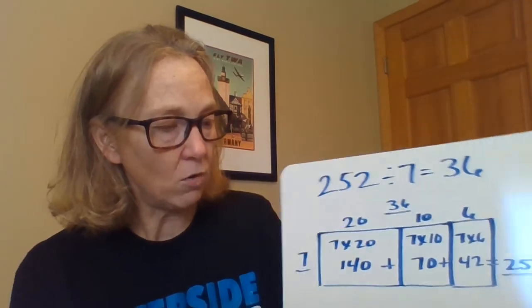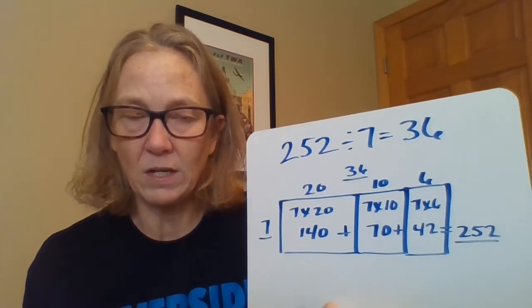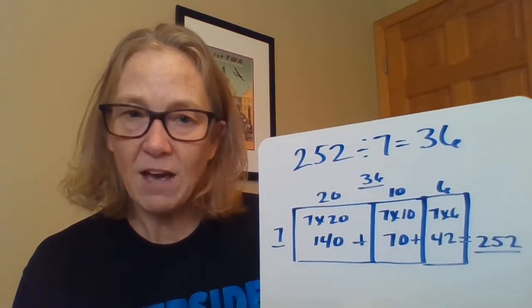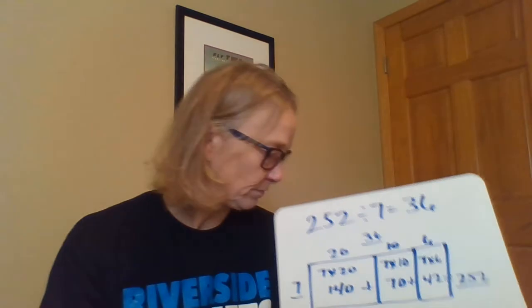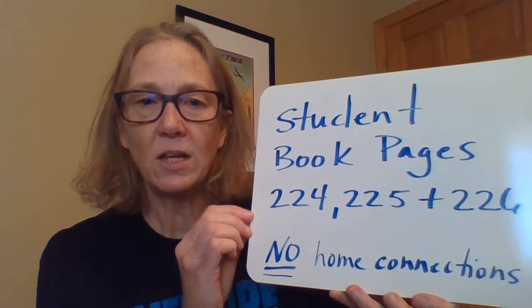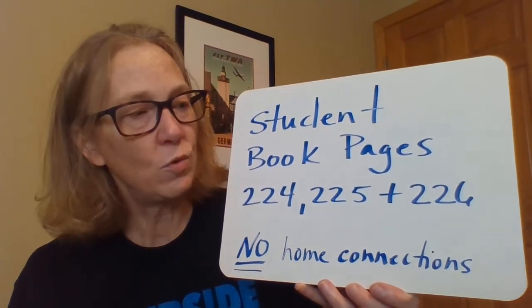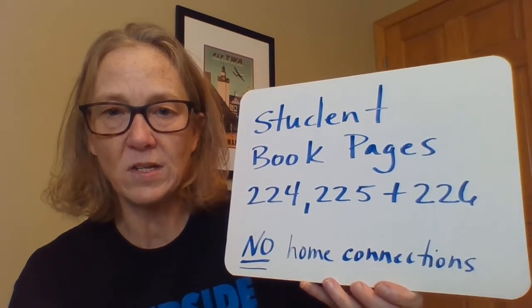All right, so let's take a look at what your student book assignment is going to be after we finish up this lesson. So today, take a look at student book pages 224, 225, and 226.